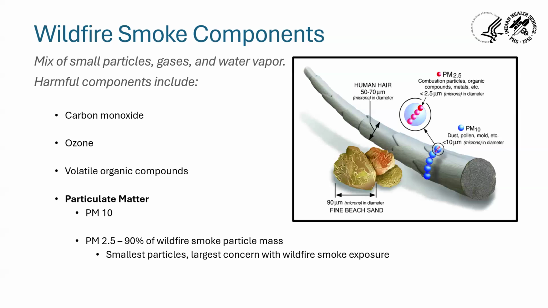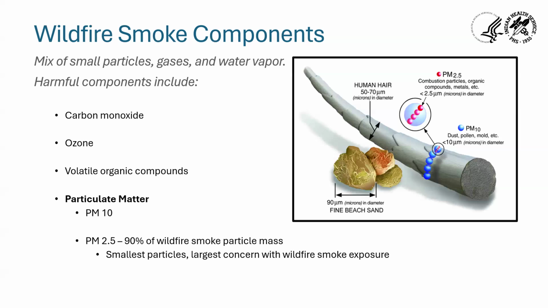Those are not really the main focus of wildfire smoke exposure because they're in smaller amounts and not usually causing symptoms in terms of wildfire smoke. What we're mainly focused on is particulate matter, and it comes in two types based on the size of the particles. There's PM10, which are particle sizes between 10 and 2.5 micrometers in diameter.